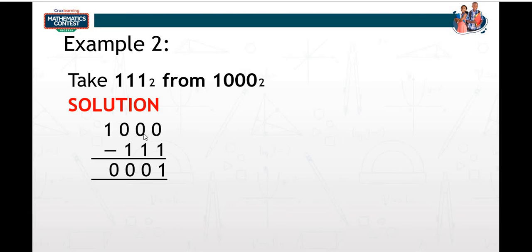We have 1 dropped here. Subtract 1 minus 1 is 0. 1 minus 1 is 0. Nothing is remaining here. We've borrowed it out. And this is 0. So 1000 minus 111 gives us 1. And that is it here. So 1000 minus 111 equals 1 in base 2.